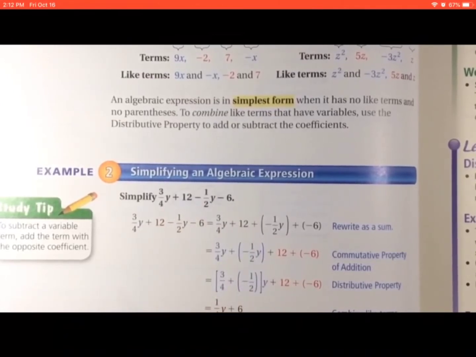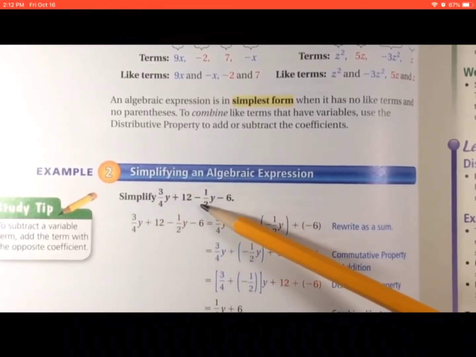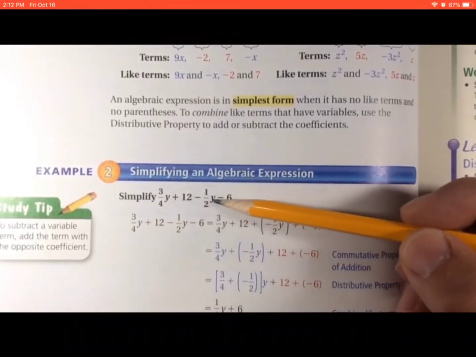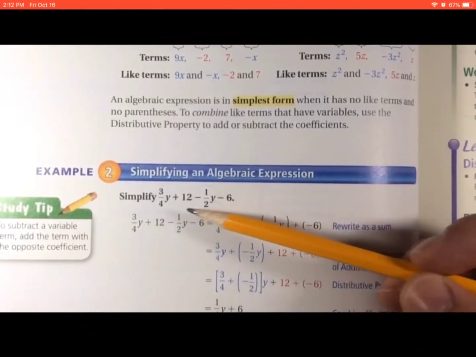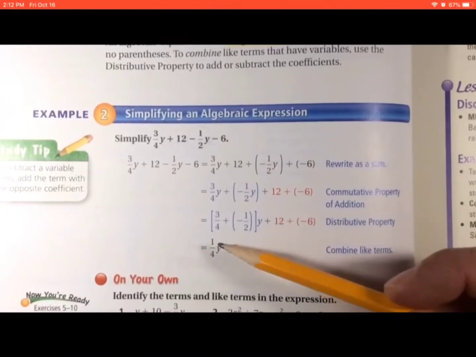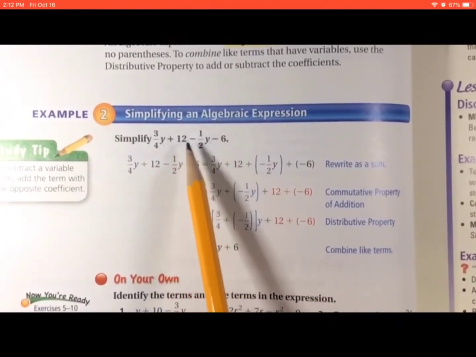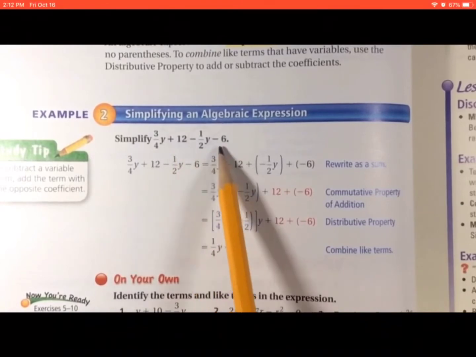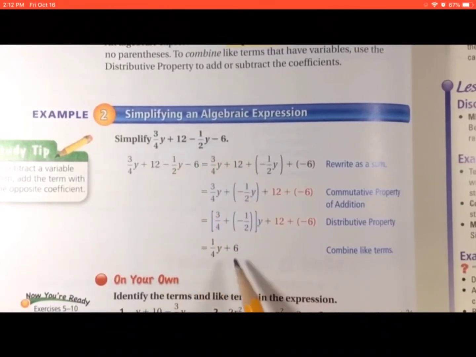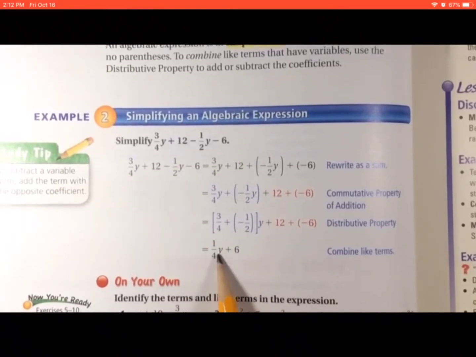Well, we would need to have a common denominator. So 3/4 y minus, we'll call this 2/4 y. 3/4 y minus 2/4 y is 1/4 y. Positive 12 and negative 6, different signs, subtract, keep the sign of the larger number, so it's just going to be positive 6. So when I combine the like terms, I have 1/4 y plus 6.